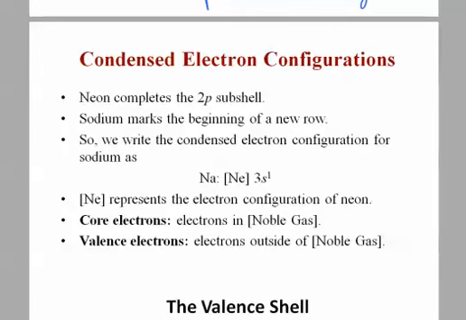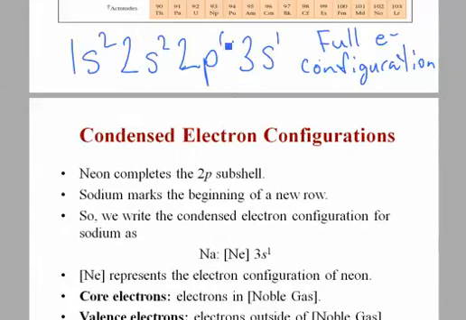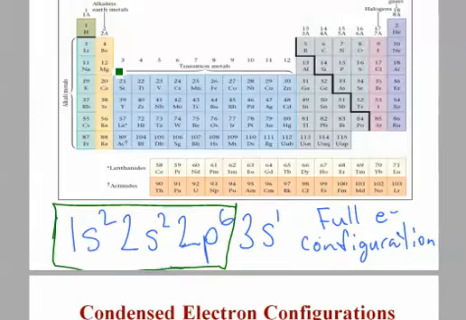That is the outermost electrons, or what we call the valence electrons. So for example, in sodium here, we see that all of these electrons are what we call the core electrons, right? These electrons all correspond to the electron configuration of neon.